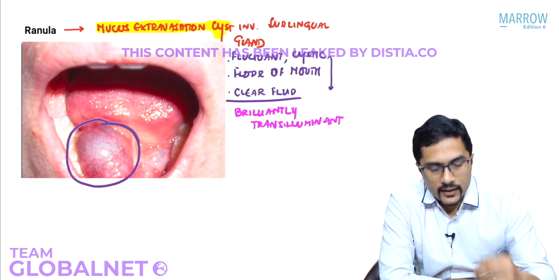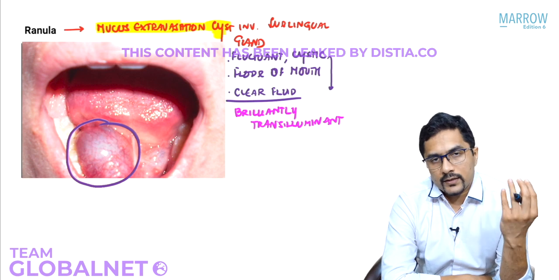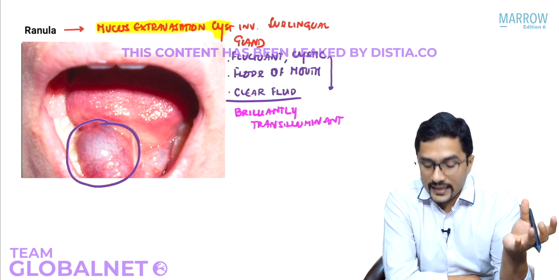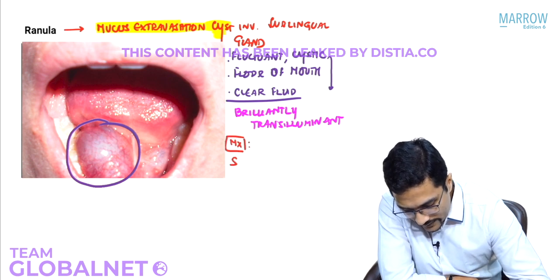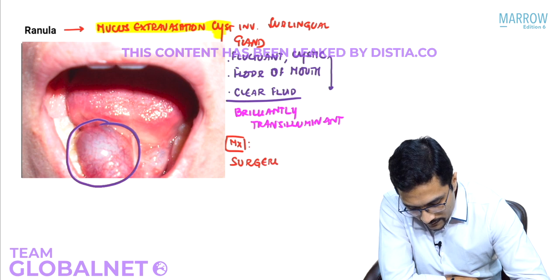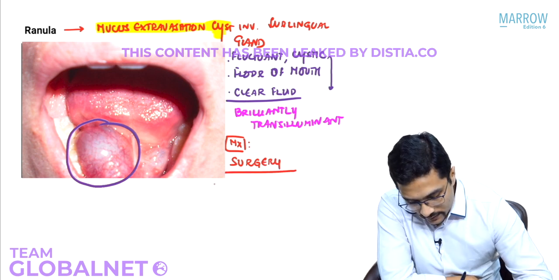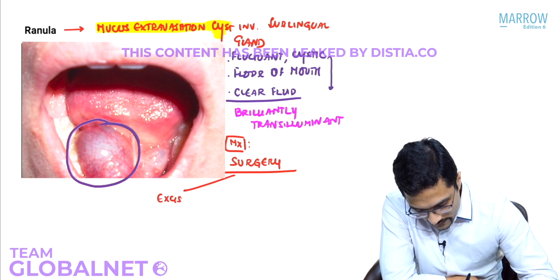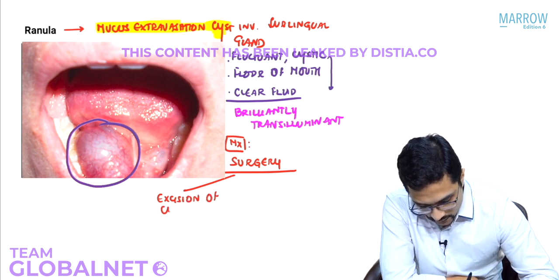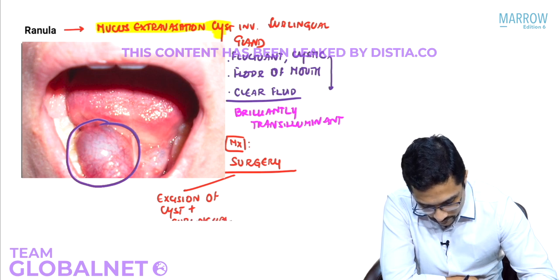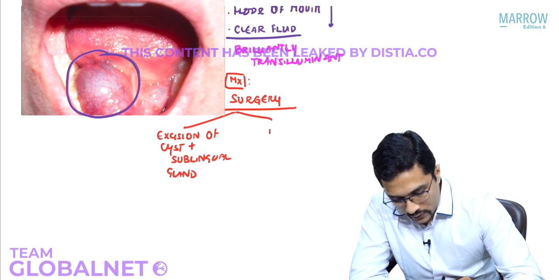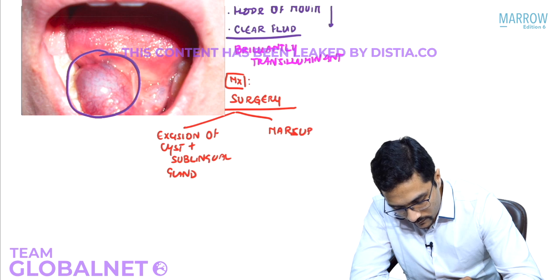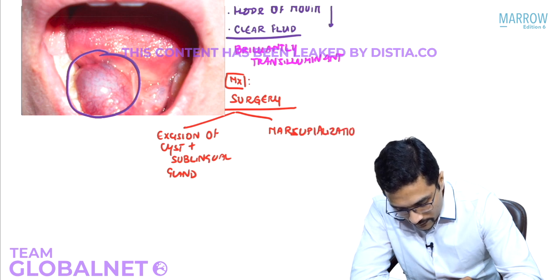Now the diagnosis of ranula, although it's a clinical diagnosis, for the sake of completion FNAC can be done, and the management of a ranula is surgery. Now what is the surgery which is done for a ranula? Surgery can either be excision of the cyst, excision of cyst plus sublingual salivary gland, or we can carry out marsupialization.